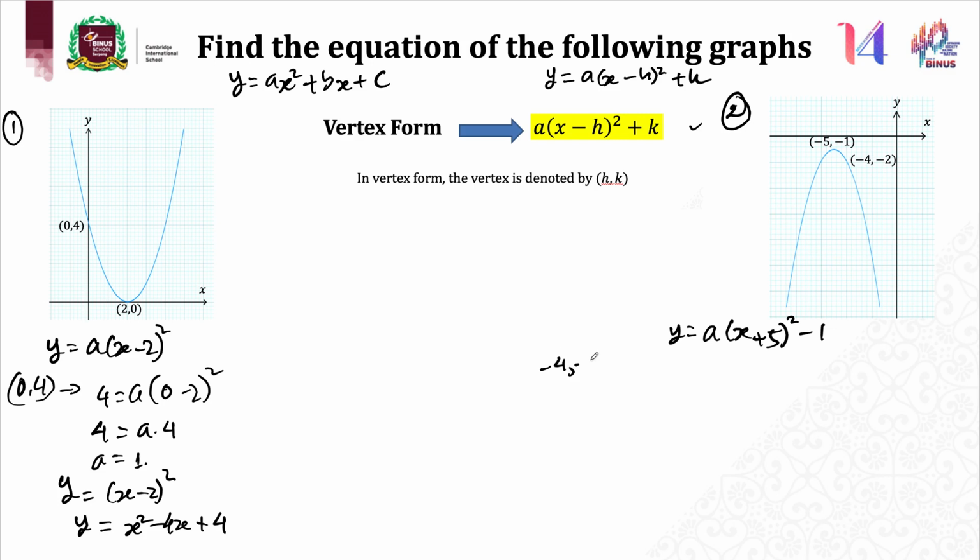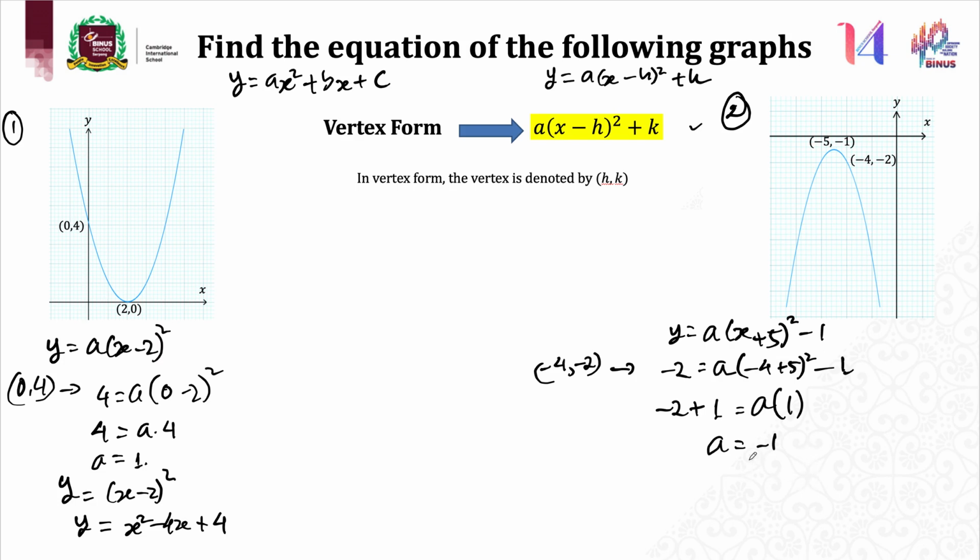Just substitute it into the equation that you have, which is minus 2, in this case the y, right? a times negative 4 plus 5 squared minus 1. What will you have? On the left, minus 2 plus 1, right? This negative 1 goes to the left, okay? And then a in the bracket 1 squared, right? So a equals negative 1.